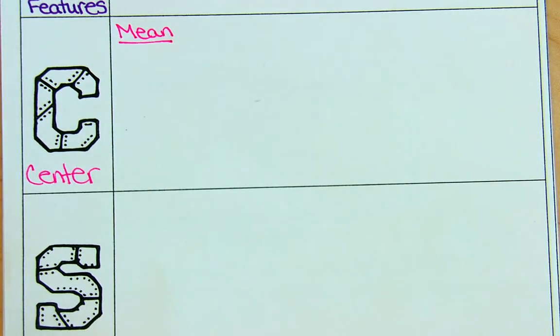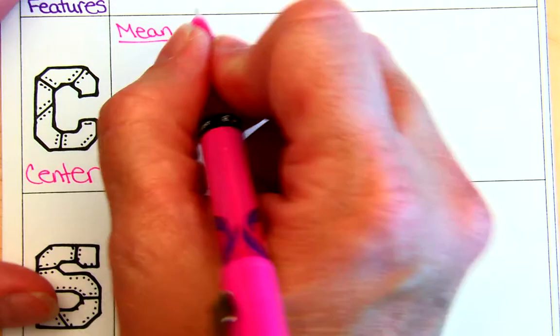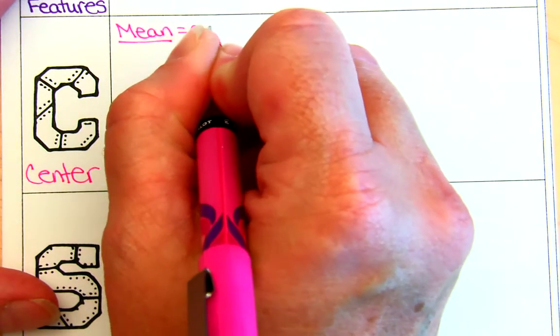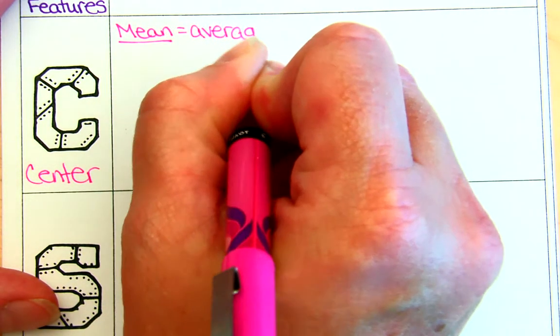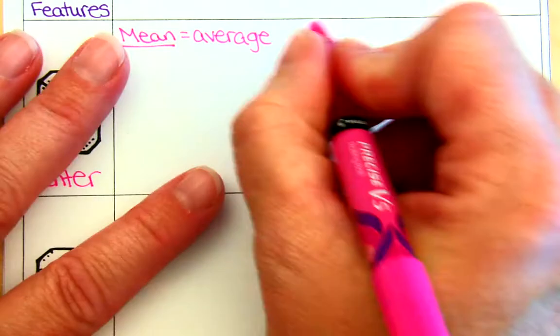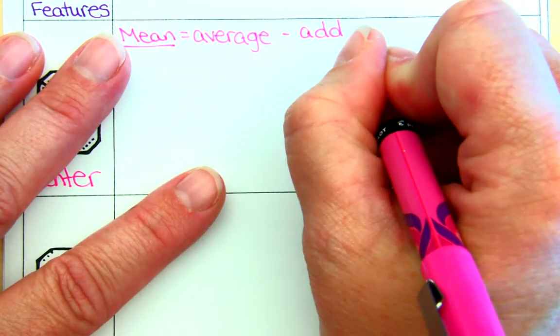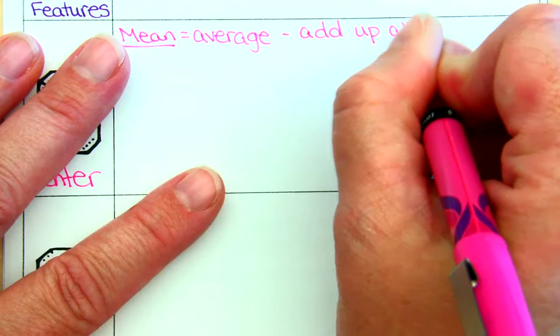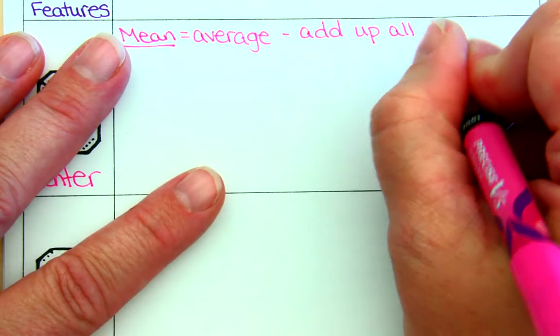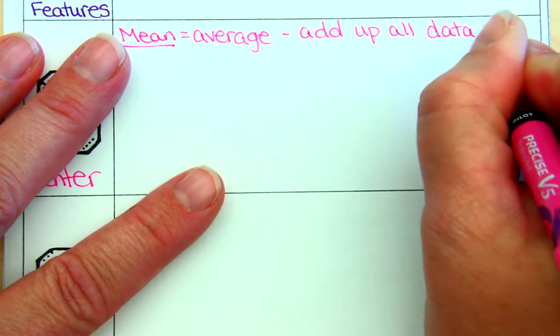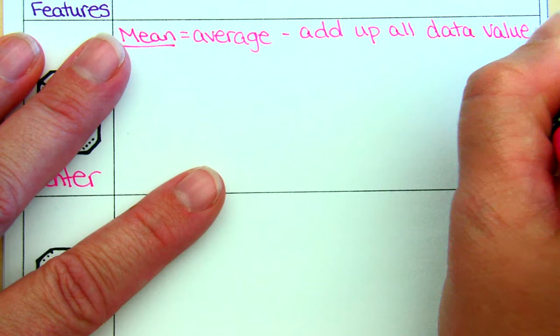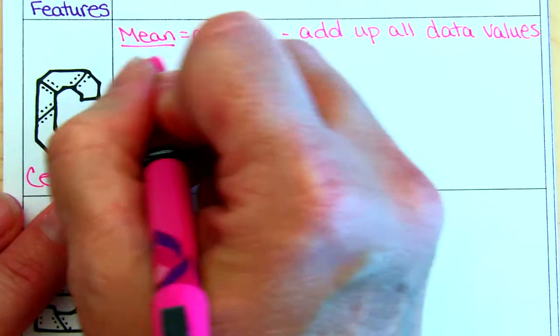What's another word for mean? Average. So we will just add all data values and divide by the sample size.